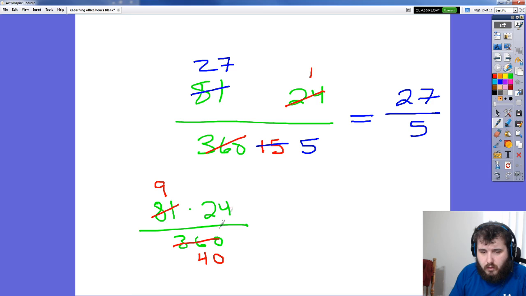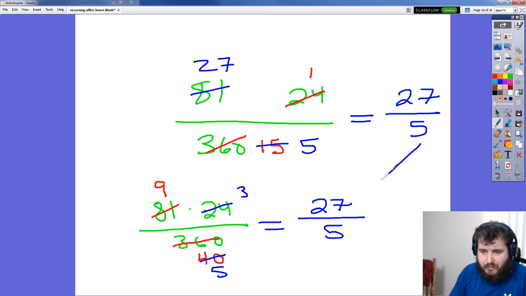And then I look here, 24 and 40, what do they have in common? Well, they've got an 8. 24 divided by 8 is 3. 40 divided by 8 is 5. Now I've got 9 and 3 on top, and 9 times 3 is 27. 5 is left over on the bottom.